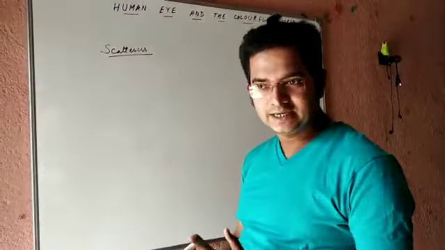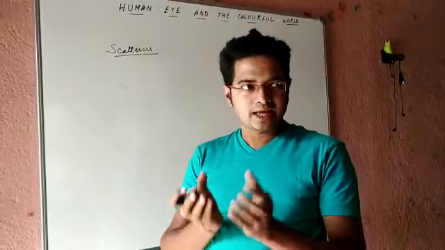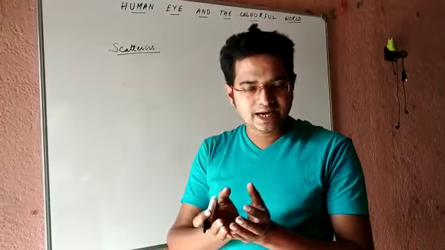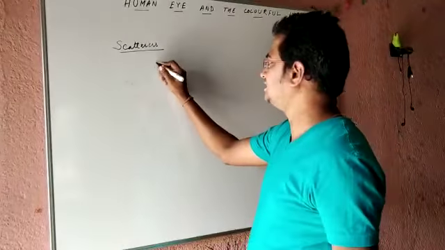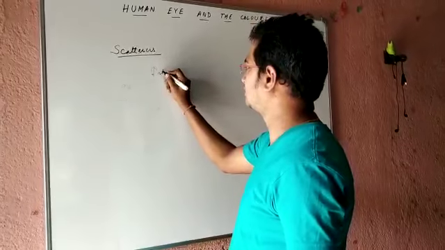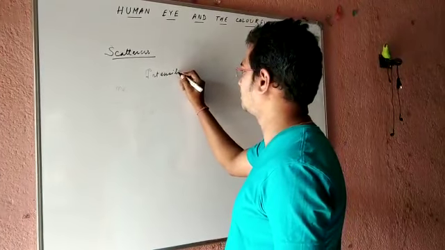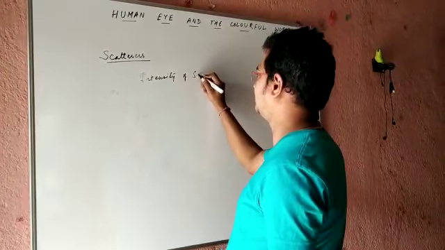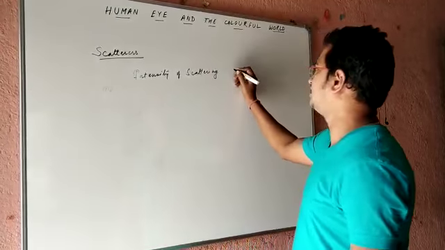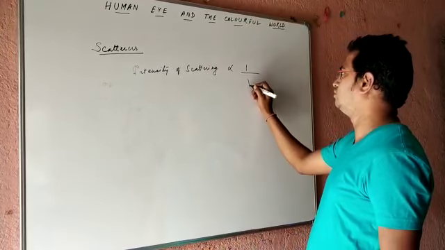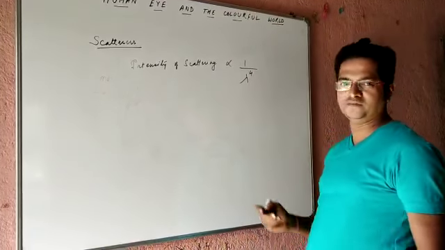What is scattering? Scattering means absorbing sun rays and re-emitting them in different directions. The intensity of scattering is inversely proportional to wavelength to the power 4.